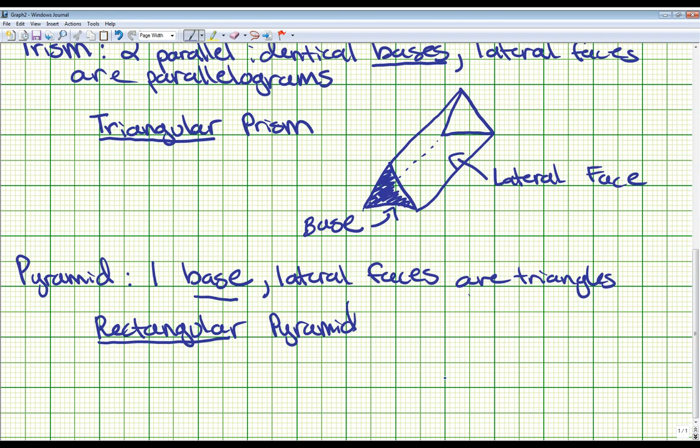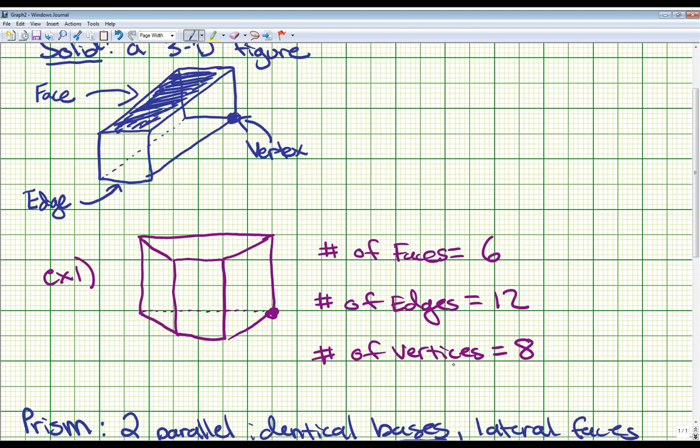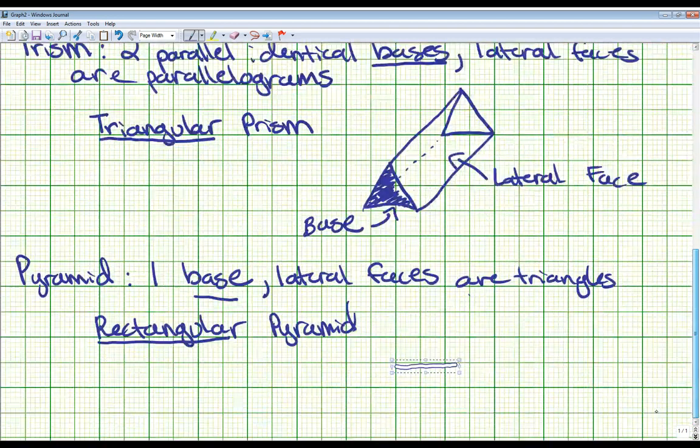So to draw a rectangular pyramid, we're going to start out with a rectangle. And in this rectangle, we're going to make a 3D shape here. Whoops, I did not want to do that. Let's delete that. Oh boy. Let's go back here. Okay, there we go.